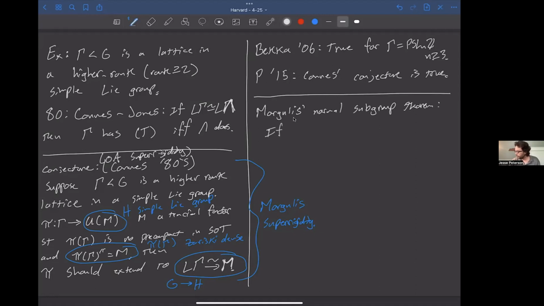So if we have gamma, again, a lattice in a higher rank simple Lie group, with, say, trivial center.